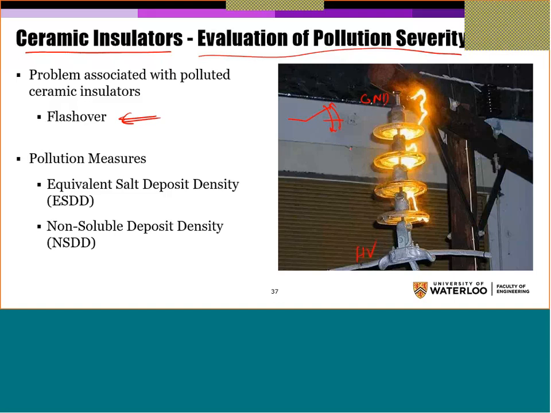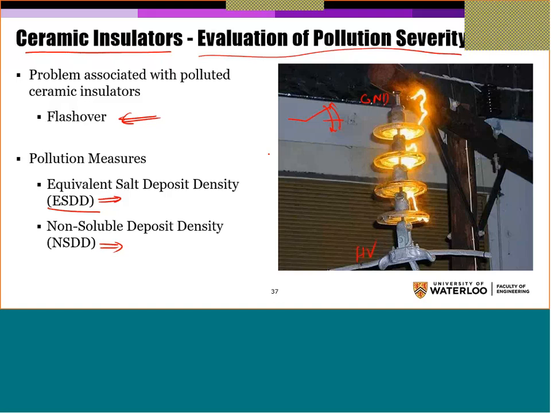Now, how do we quantify the pollution? We have two measures. One of them we call the ESDD, the other one is the NSDD. The ESDD is a measure of the salt, the amount of dissolvable material in the pollution. We call it the equivalent salt deposit density. So basically, for the pollution on the surface, we want to see how much salt is inside it.